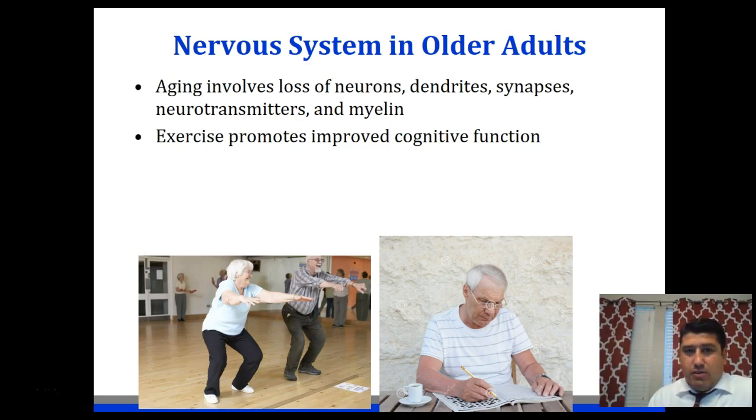And it says here that exercise promotes improved cognitive function. It also helps to slow the rate of decline. But again, just like every other system, the decline is inevitable. It's going to happen to all of us. I mean, that's just what happens. That's how we age, and eventually that's how we pass away. But you'll learn more about that in physical aging.